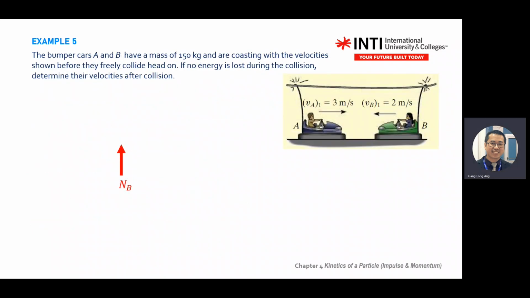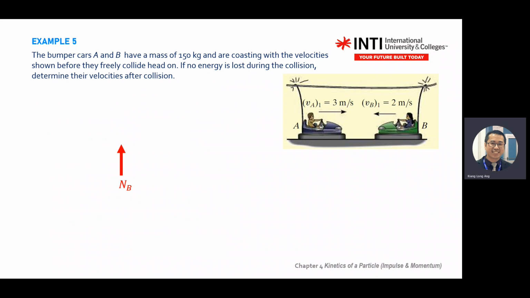Example 6, in an amusement park. You see the two bodies there. You are given velocity A and velocity B, both in the same direction. But you know that in this game they do not join together, right? You won't join together in this game.